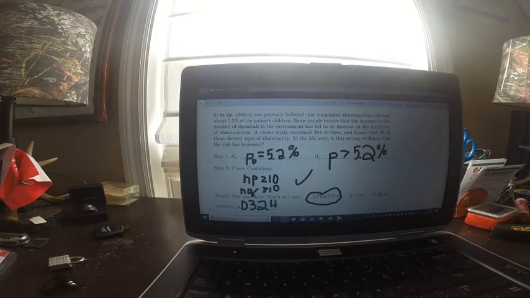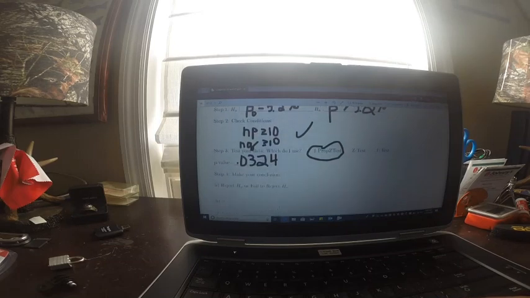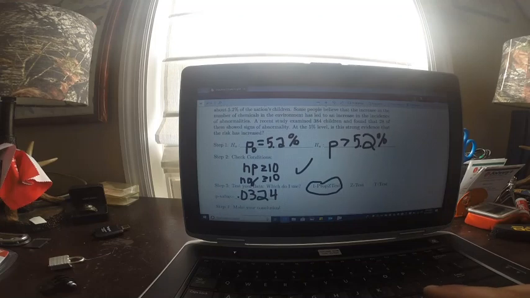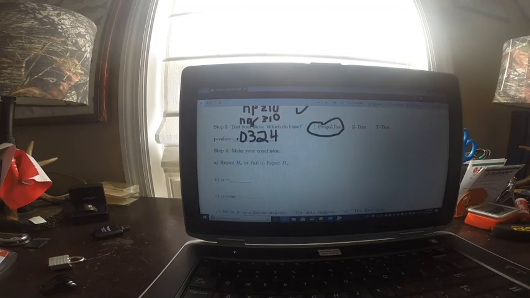Okay, so we've got to make a conclusion. The alpha level that we're using here is 5%, so alpha is 0.05. The p-value here we said was 0.0324.